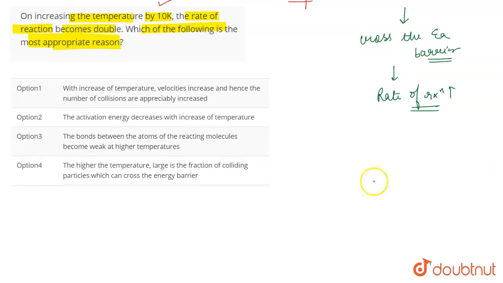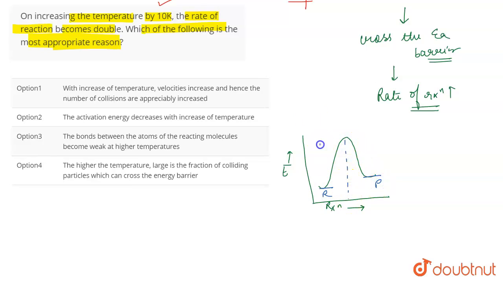So if we look at the curve between the energy and the reaction progress, the curve that we obtain is something like this. Suppose these are your reactants and this is the product side.